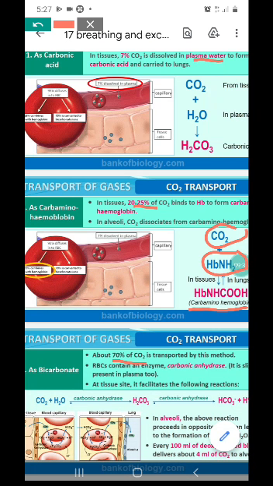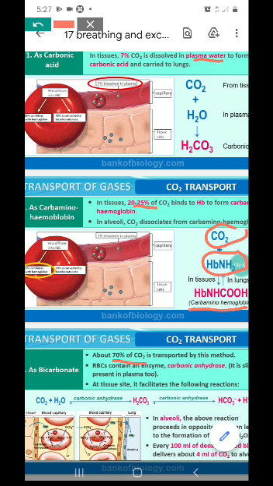You know that H2CO3 is formed. Okay, it is a reversible reaction, and it is catalyzed by an enzyme, you learnt in the biomolecules lesson, the enzyme carbonic anhydrase.